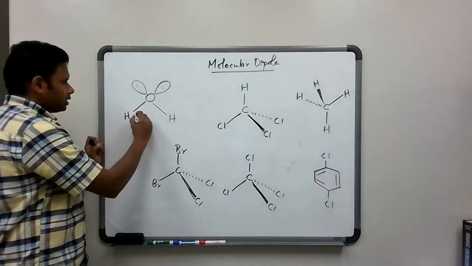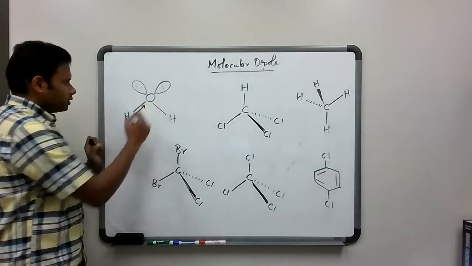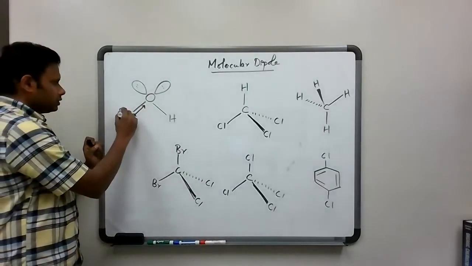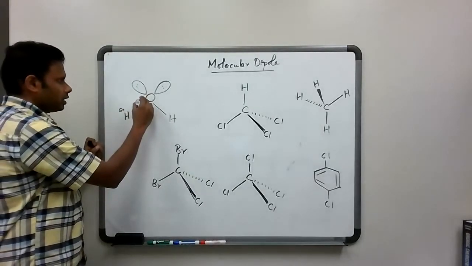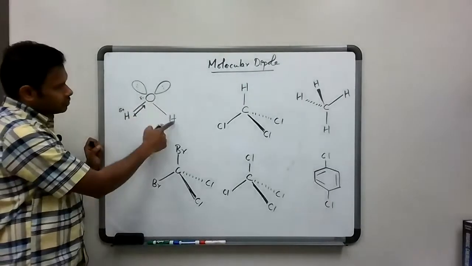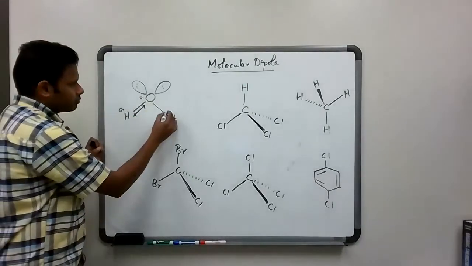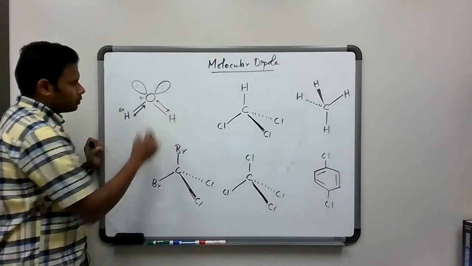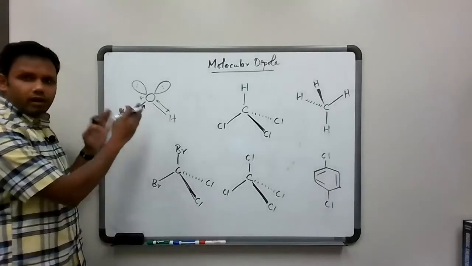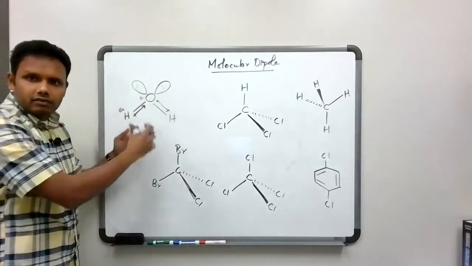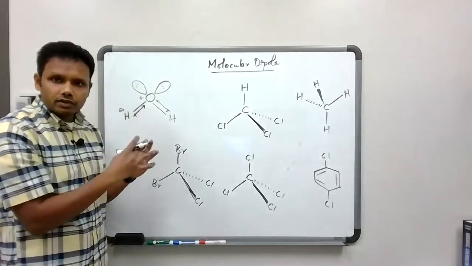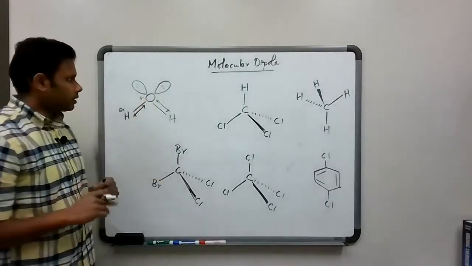So the bond dipole for this bond is going to point towards oxygen, because hydrogen here is del positive and the oxygen is del negative for this particular bond. The same is true for the other oxygen-hydrogen bond. So a bond dipole is going to point from the partial positive atom to the partial negative atom, towards the oxygen atom.